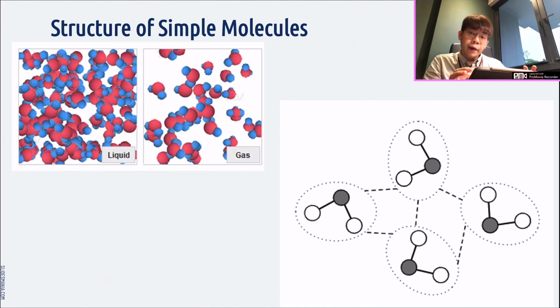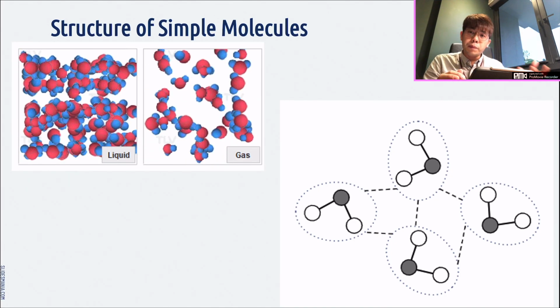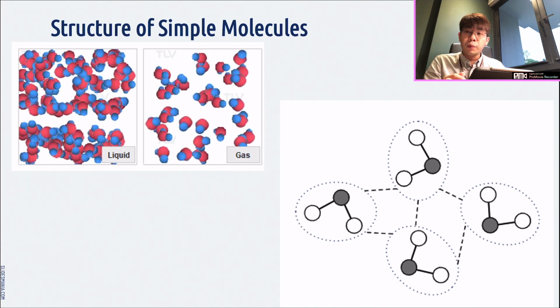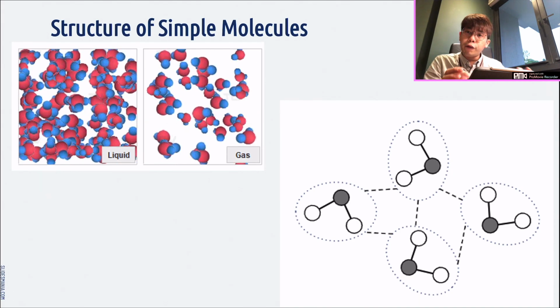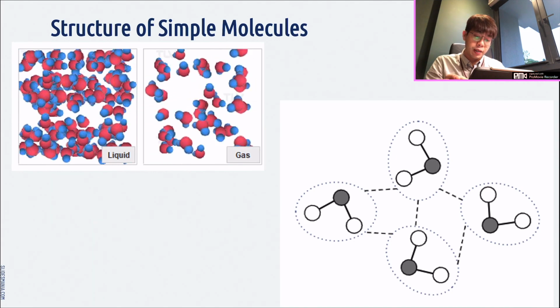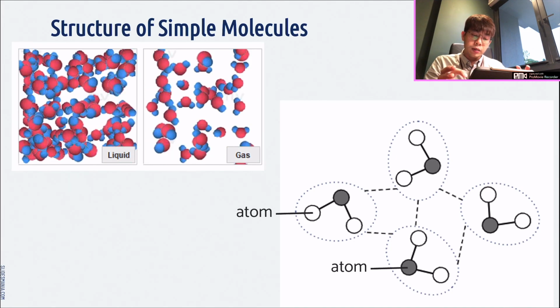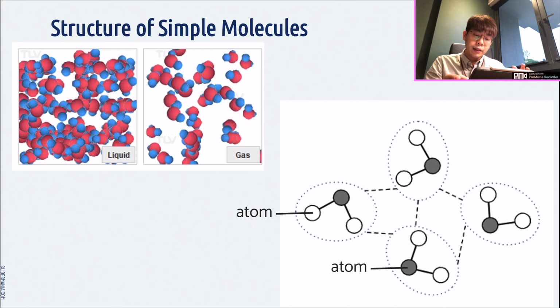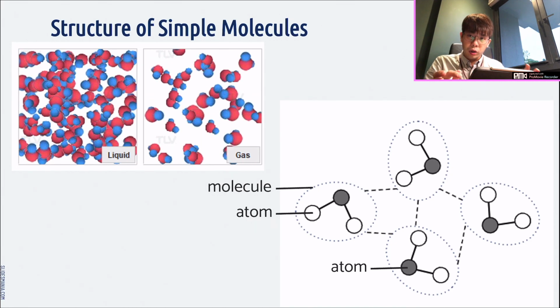So this on the right is a picture diagram of how a simple molecule will look like. And you will notice that there are 4 molecules over here. So what are these diagrams representing? These circles are the atoms, and these atoms make the molecule.